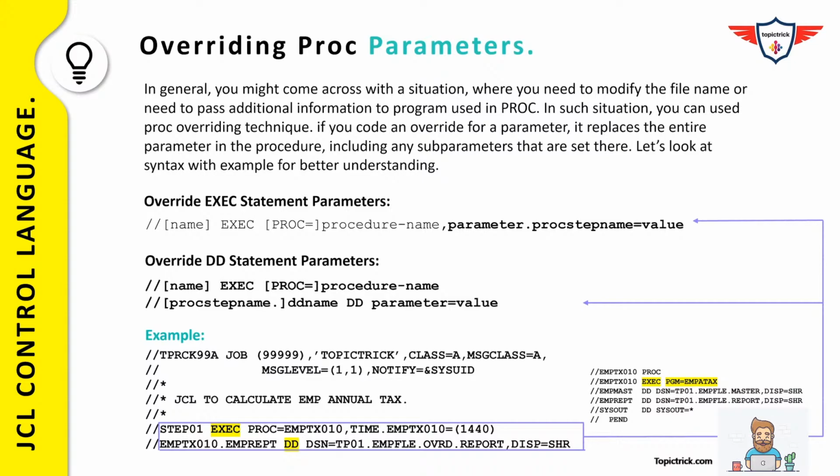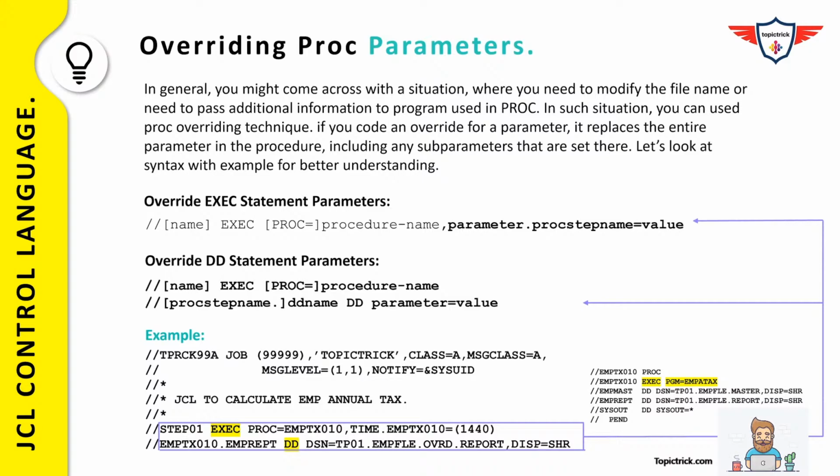And how I've done that is, first of all, I've specified the proc step name, that is EMPTX010.DD name, that is employee report, followed by DD, then DSN and the dataset name. And after that, you have to specify the disposition of the file, whether it would be SHR, NEW, OLD, CATLG, as per your requirement.